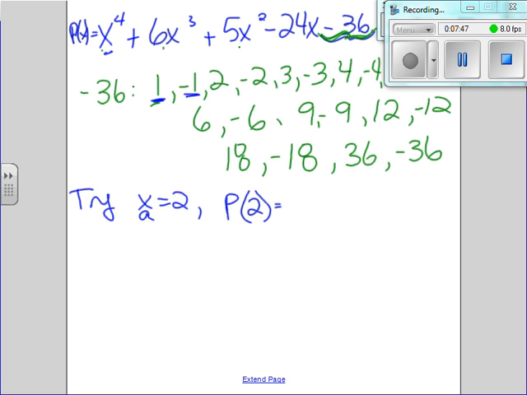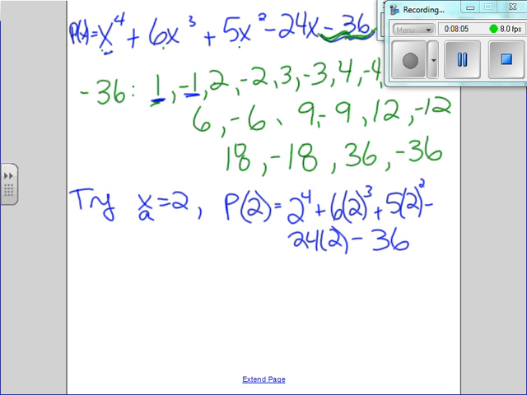So p of 2 is equal to 2 to the 4th plus 6 times 2 cubed plus 5 times 2 squared minus 24 times 2 minus 36.